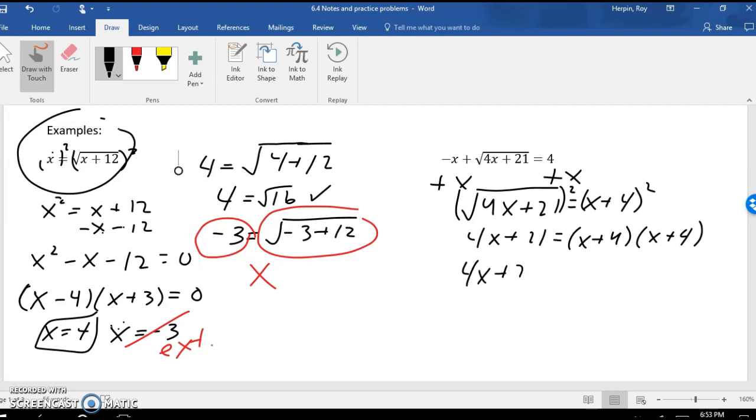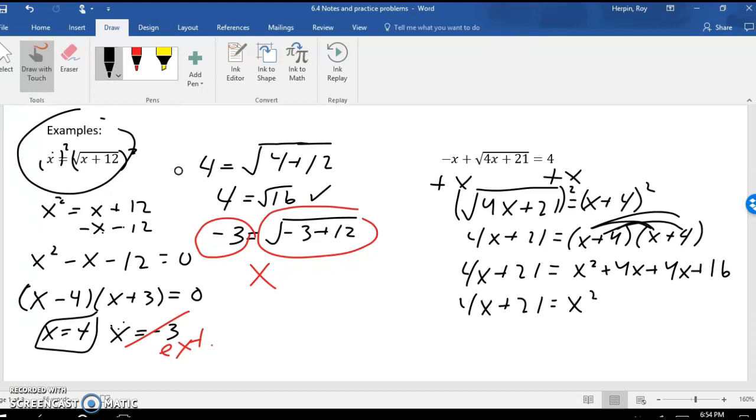So 4x plus 21, I'm double distributing here, so I get x squared plus 4x plus 4x plus 16. I'm going to combine like terms. 4x plus 21 equals x squared plus 8x plus 16. As usual, if you can do this in less steps, be my guest.